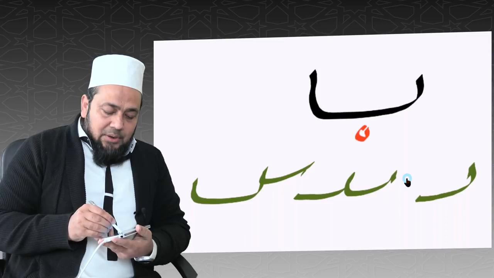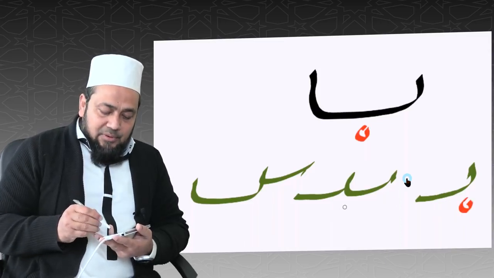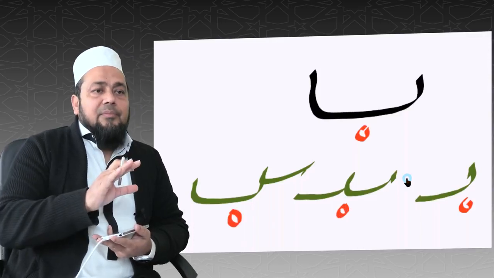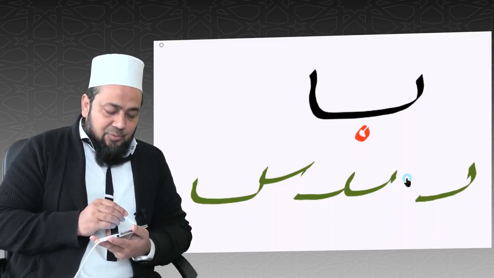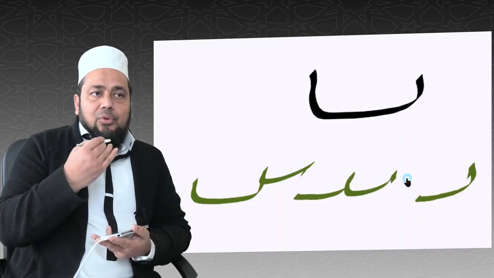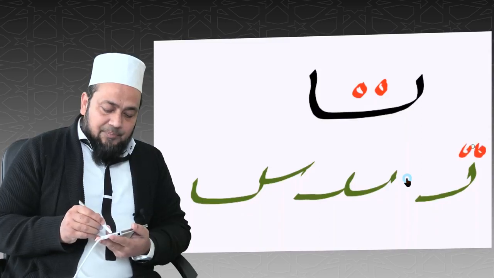If we add one Nuqta on the bottom, it's turned into Ba. Let's remove this Nuqta. If we add two Nuqta, two dots on the top, it's Ta.